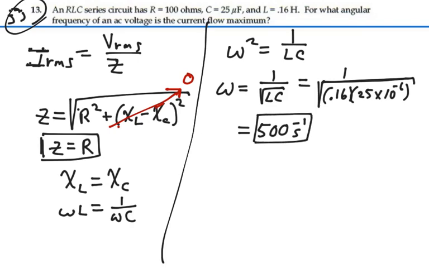So the angular frequency that will give us our maximum current is 500 radians per second, and that corresponds to the impedance equal just to the resistance of the circuit.